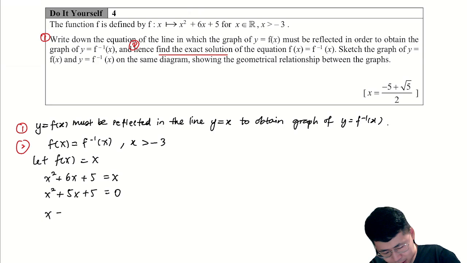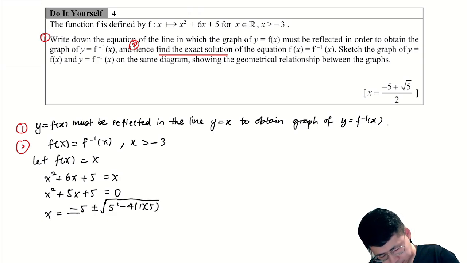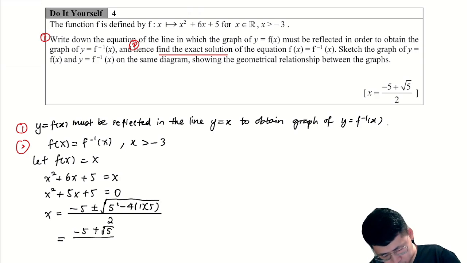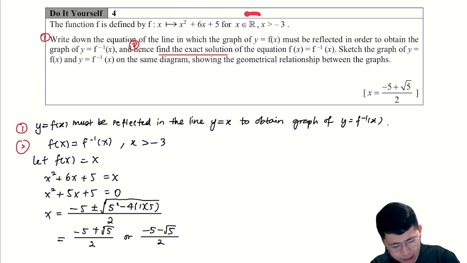Then, because it's not factorizable, I will use the quadratic formula. Okay, quadratic formula like this. Now what I have over here is -5 plus root 5 over 2, or -5 minus root 5 over 2. Right? So let's take a look at this.